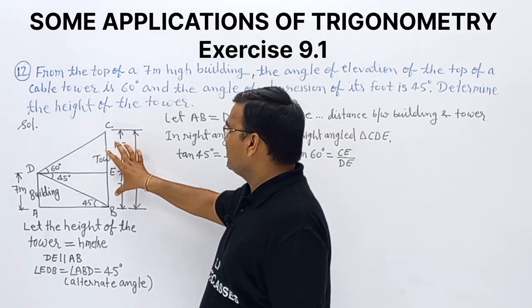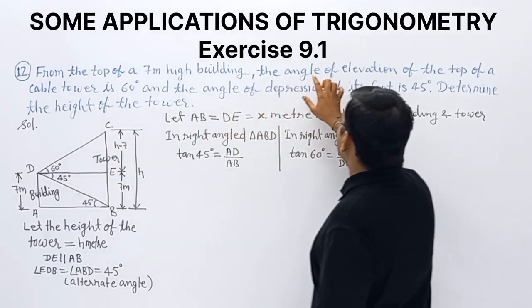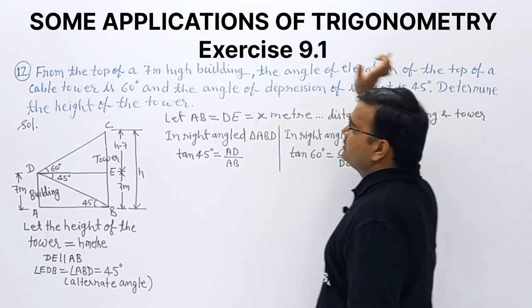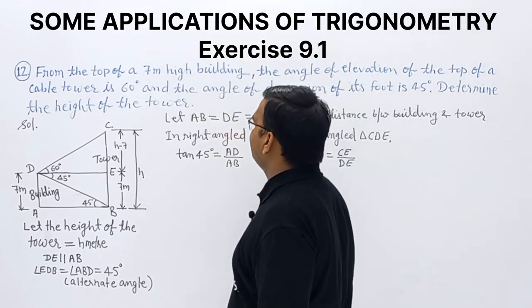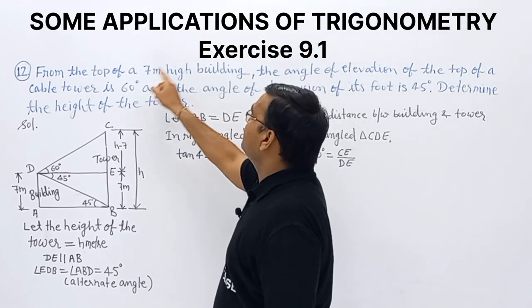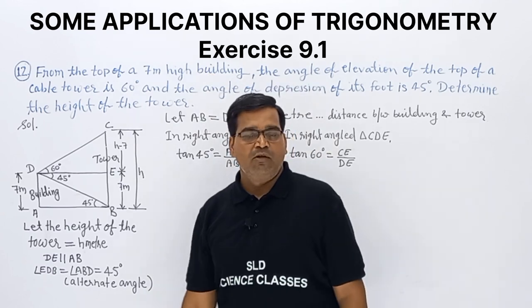Another thing we have is the cable tower. Clear? The angle of elevation of the top of the cable tower is 60 degrees from the top of the 7-meter high building.